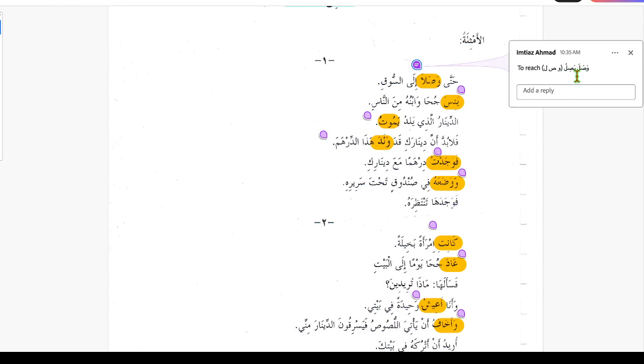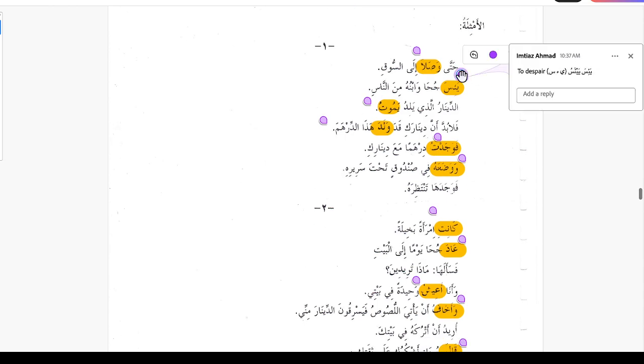Wasala has the root letters waw, sad and lam. It is important to note the root letters of the verb, because they will identify whether the verbs are sahih or mu'tal.